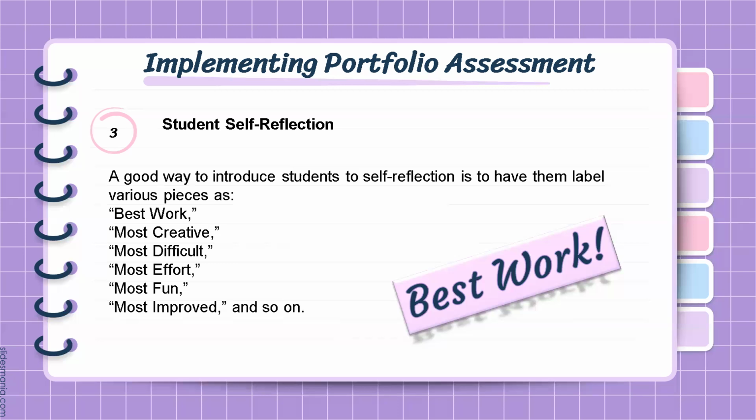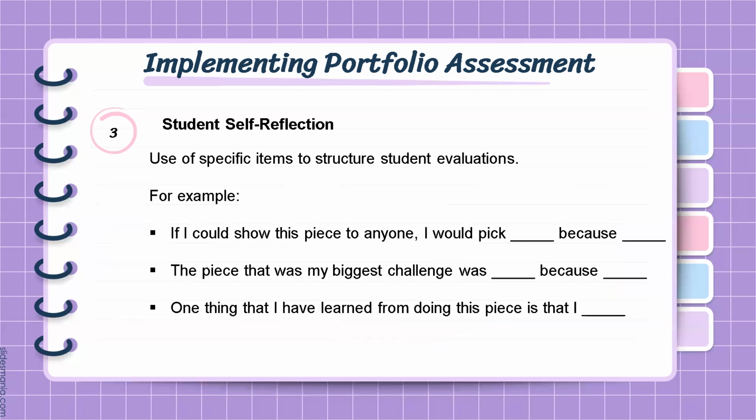A good way to introduce students to self-reflection is to have them label various content pieces as best work, most creative, most difficult, most effort, most fun, and most improved. The next step could be the use of specific items to structure student evaluations.